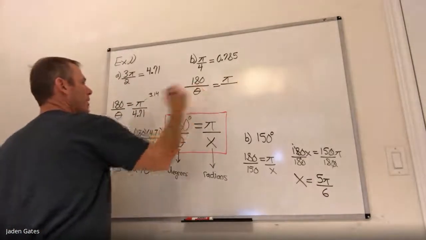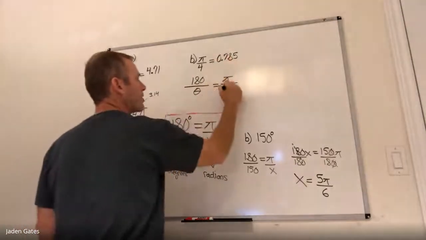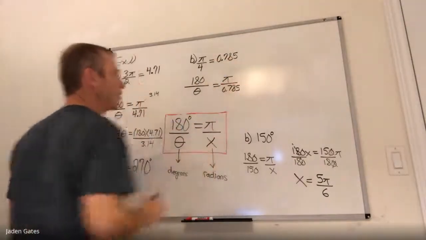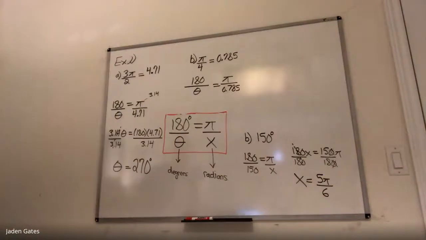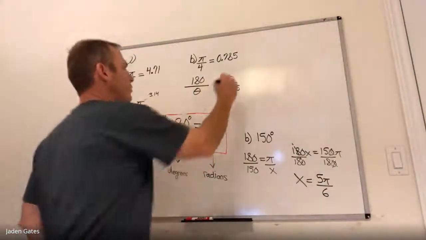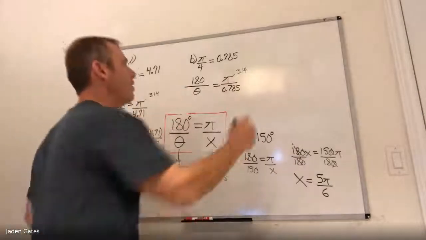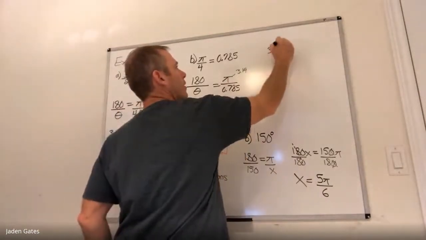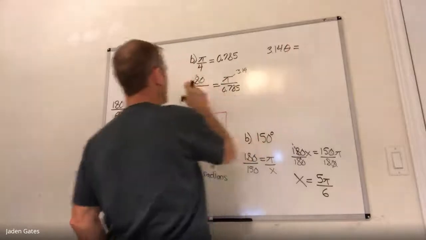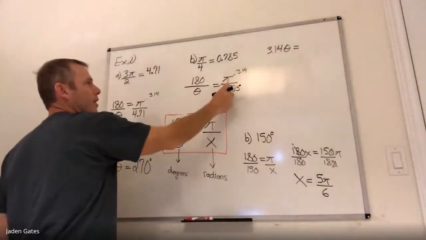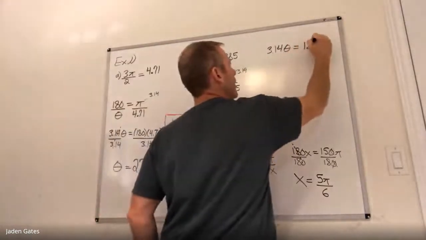We are looking for the angle, and now I've got 0.785 here. So again, I'm going to use 3.14 here when I do cross multiply. So I have 3.14 theta is equal to my 180 times 0.785. Hopefully I can fit that in here.